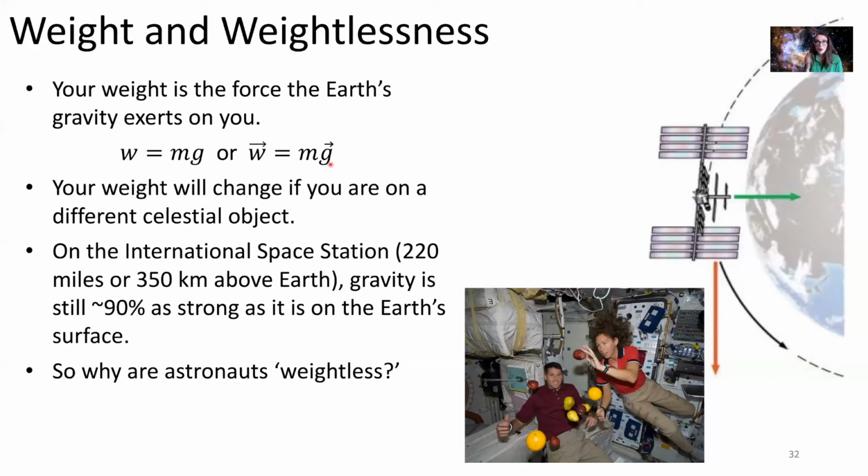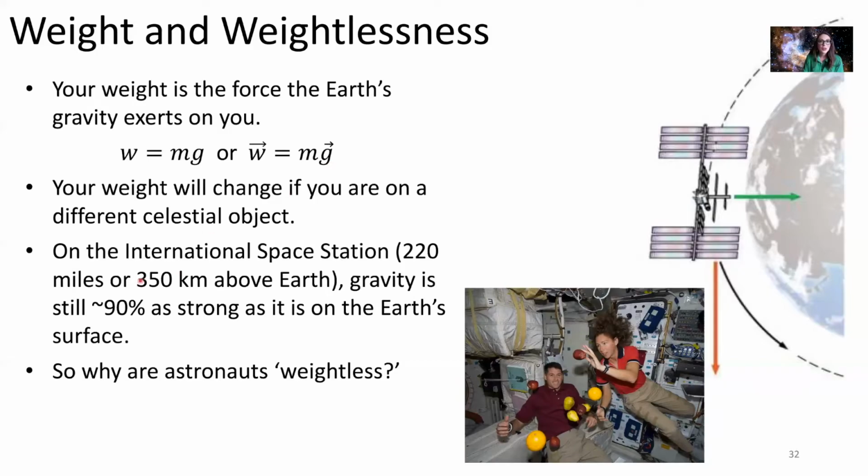If I go to Jupiter and try to weigh myself at Jupiter, my weight is going to be 3 times greater than it is here on Earth, because the surface gravity of Jupiter is 3 times greater than it is on Earth. Our mass is something that never changes. That's how much stuff we're made up of, but the acceleration due to gravity, or the surface gravity of a planet, is always dependent on that planet's mass and size.